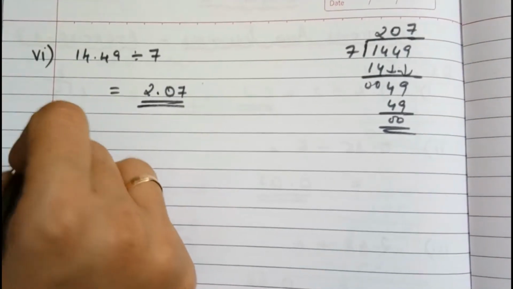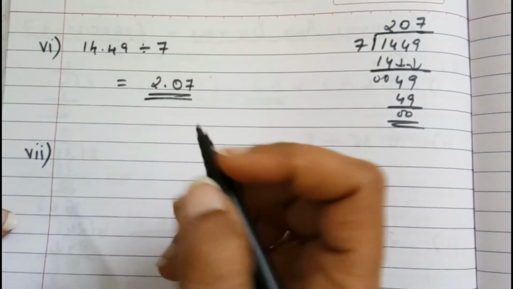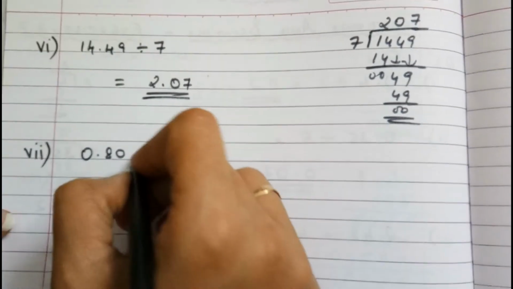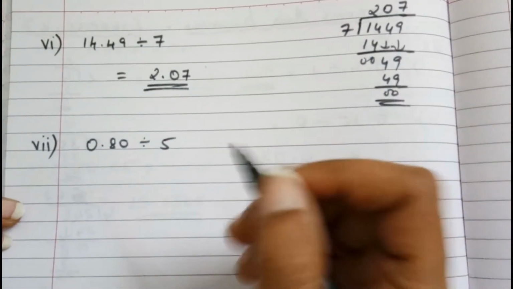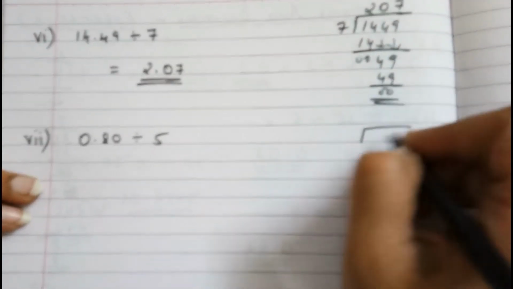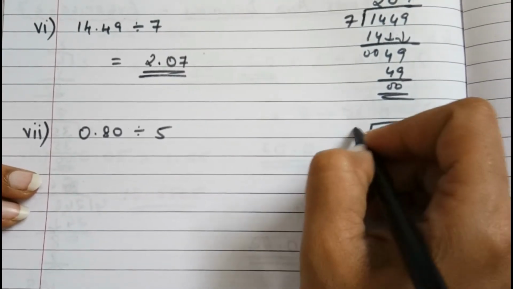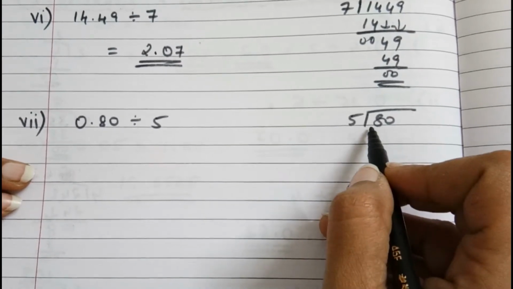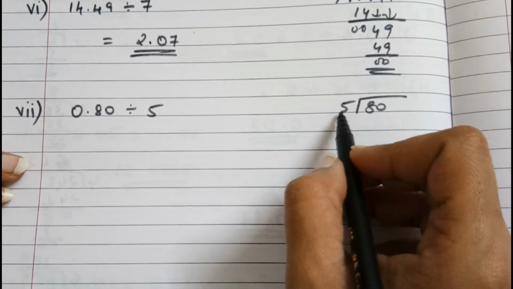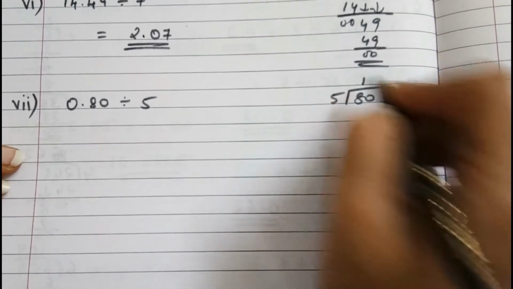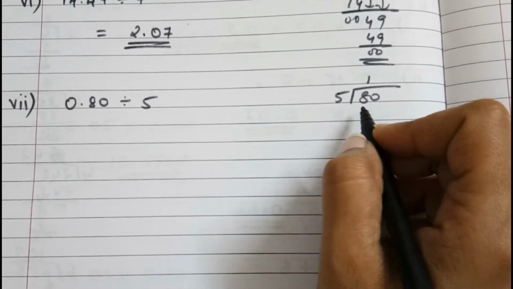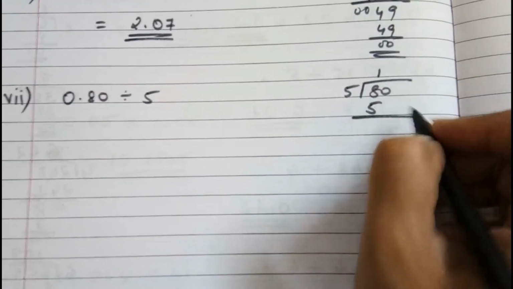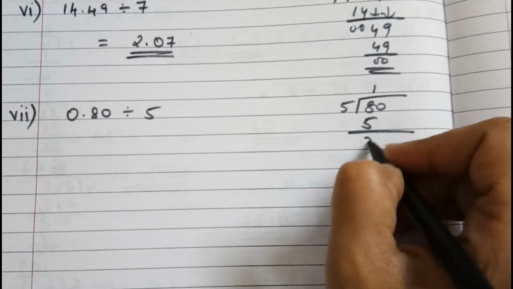Now moving to the next question, question number 7. It is 0.80 divided by 5. So calculating here, 80 divided by 5. Now since 8 is bigger, we'll just take the first number. 5 will go in 8 how many times? One time. Why? Because 5 2s are 10, so we have to take the smaller number. So right here 5. 8 minus 5 is 3.